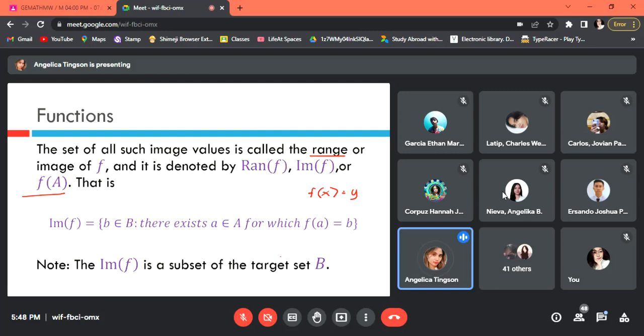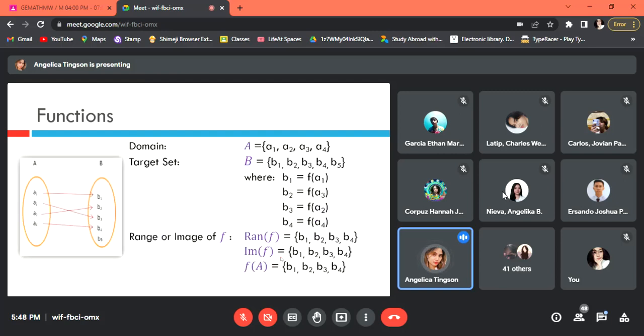Okay? So, para mas maging familiarize tayo, ayan. We have A sub 1, A sub 2, A sub 3, and A sub 4. Then yung set B natin, we have B sub 1, B sub 2, B sub 3, B sub 4, up to B sub 5, no? Mapapansin natin, tingin tayo dito sa ating image, no?